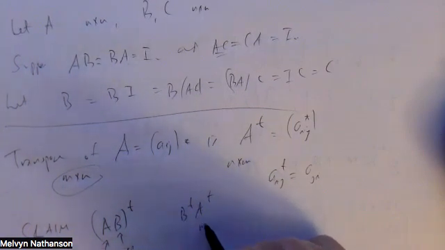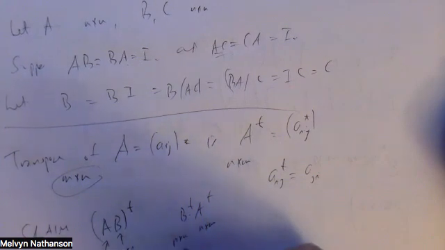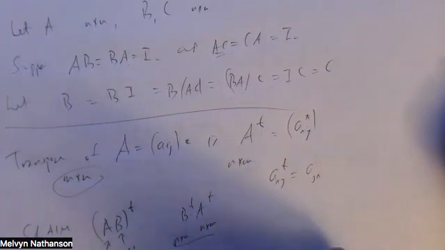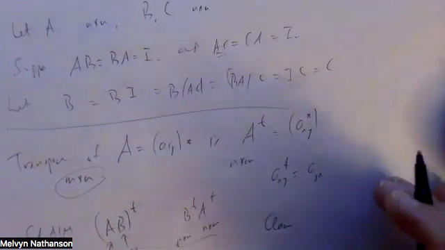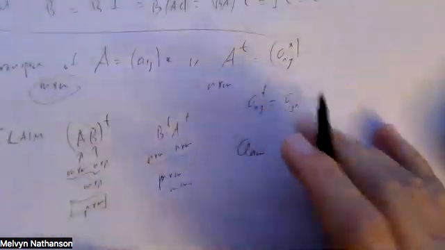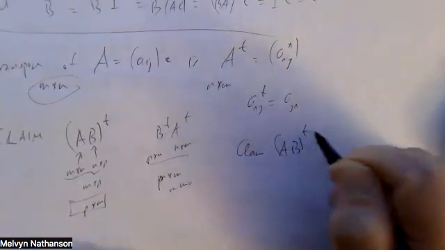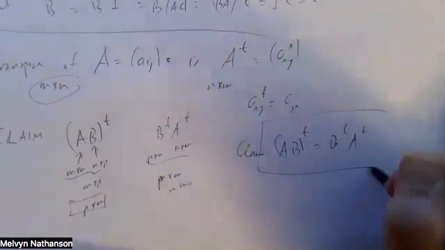A transpose is n by m. B transpose is p by n. So this matrix is also going to be a p by m matrix. And I claim they're equal. So taking the transpose is sort of order reversing for a product. The transpose of A times B is B transpose times A transpose.